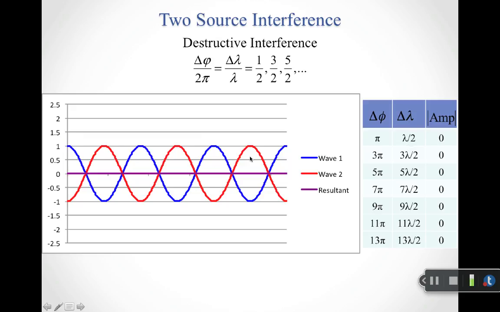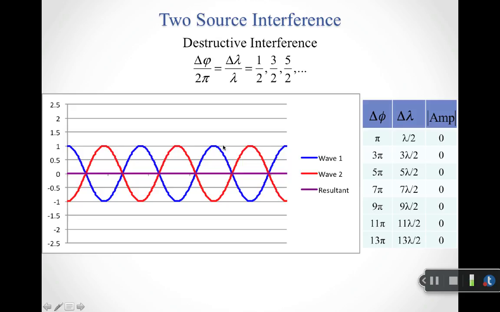In terms of the path difference, well, again, to get these things out of phase means that I need one wave to have traveled half a wavelength farther than the other. If it would have traveled a full wavelength, they'd line back up again. So I need it to travel half a wavelength so that they're perfectly out of phase.